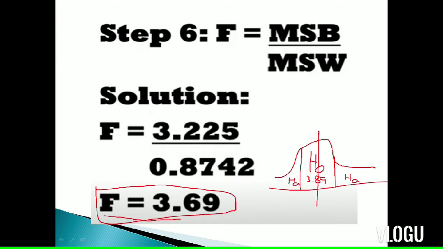Tapos ang ato ang computed value is 3.69. So asa man ang 3.69? Na siya diri. Pero kung atong computed value kay 3.90, so it means nilapas na siya diri. It means nigawas na siya sa HO.